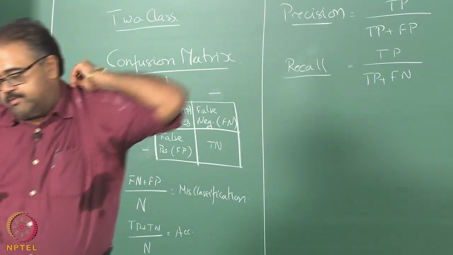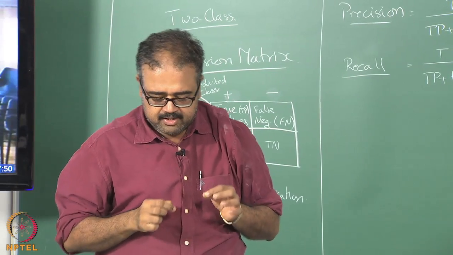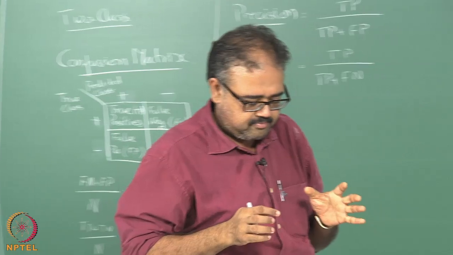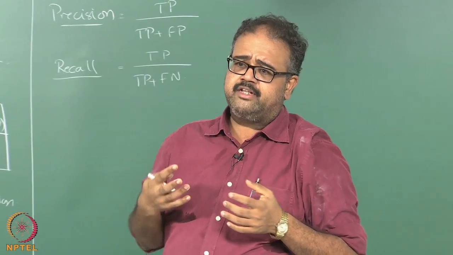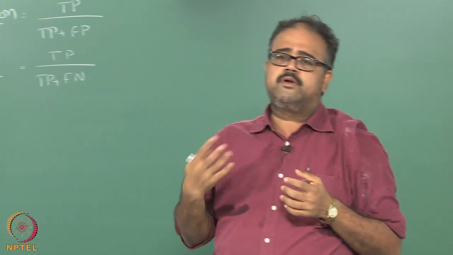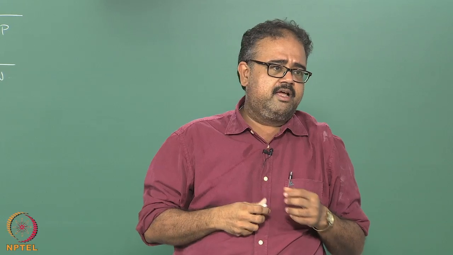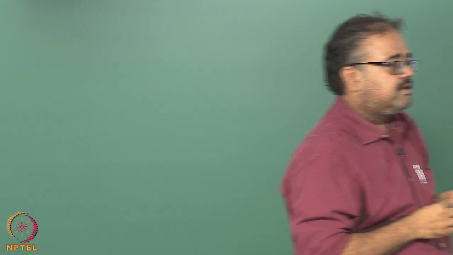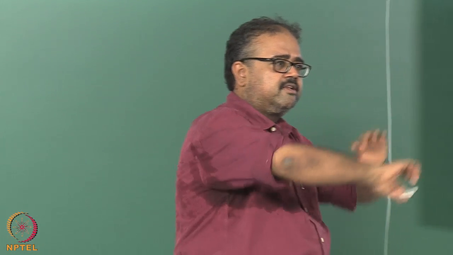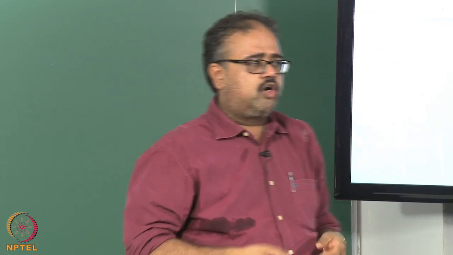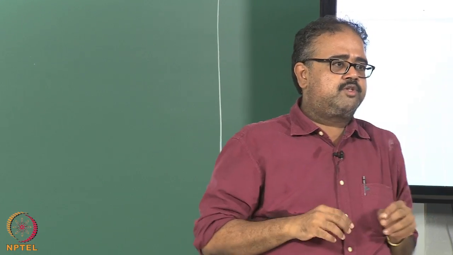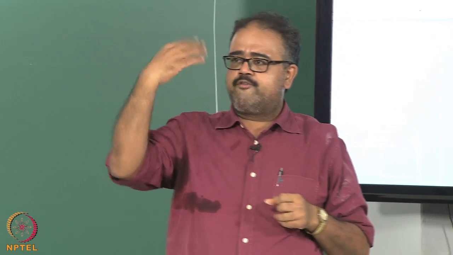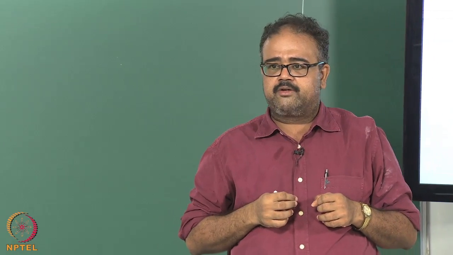So one way of thinking about it is, precision and recall actually originate from information retrieval. They are not originally from the classification domain, they were originally proposed as measures for evaluating information retrieval. So what do you mean by information retrieval? There is some repository of documents, right, and then you type in a search query, and then I give you back results corresponding to that search query.